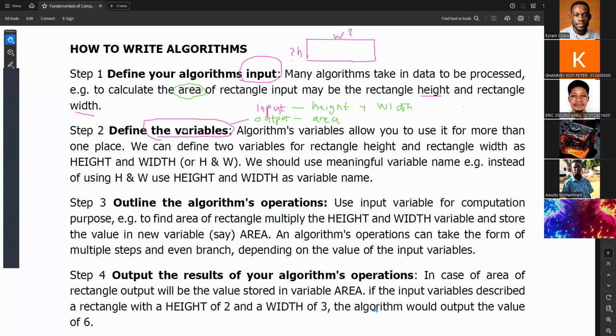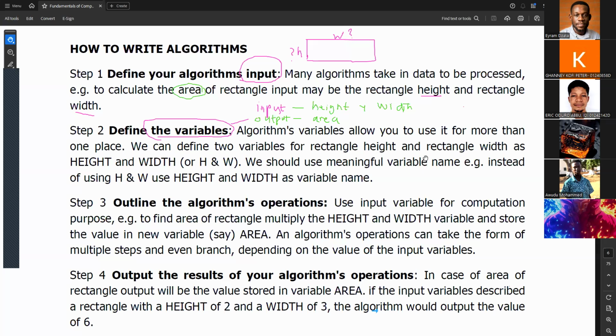All right, so it said define the variable. The algorithm's variables allow you to use them in more than one place. We can define two variables for the rectangle's height and the rectangle's width as height and width. Or someone can also say H and W, where H is the height and W is the width. Take note of this: it said you should use meaningful variable names.